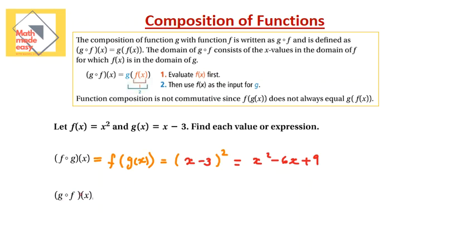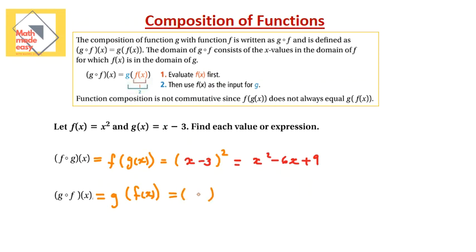Let's look at the second one. Now this is the opposite. I have g first, and I'm going to use f of x to substitute in g. So let's do the same thing again and see how they are not commutative. It's not the same. So g is my main function, and I'm going to use f of x to substitute in g. Again, now g is x minus 3, so I'm going to put parentheses for x.